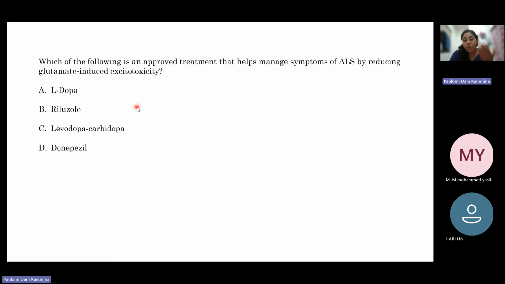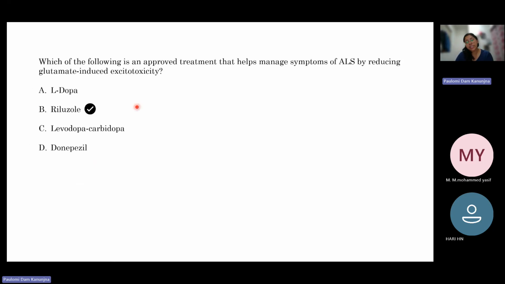Now we are talking about a treatment for targeting glutamate excitotoxicity. Any idea which would be the correct answer here? Okay, no worries. The answer would be riluzole, the one that I just discussed.